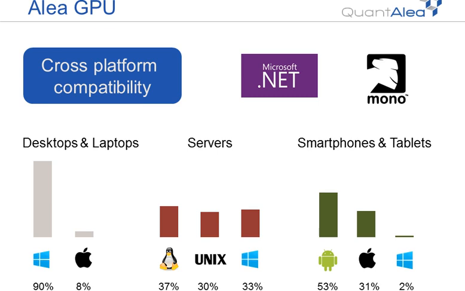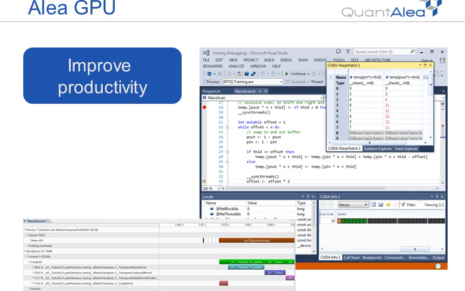That also simplifies, of course, deployment because you can deploy the same assemblies on all the platforms without any different versioning. The next benefit of Alea GPU is it increases your productivity.